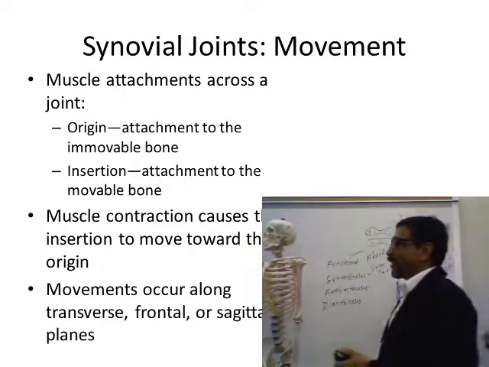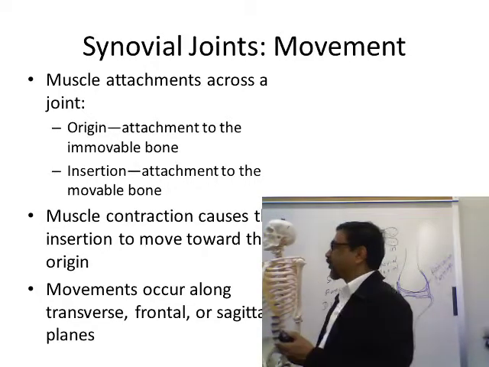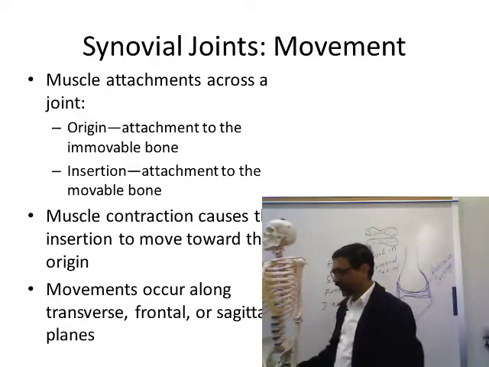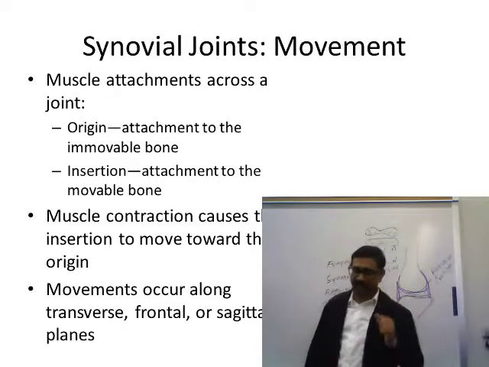The most common planes of movement are transverse, frontal and sagittal planes. Let me give you an example, you will understand. These are the common planes. Sagittal, you remember this is the sagittal suture or sagittal plane, you must remember this is the sagittal plane, right? So if I move my body in the same direction, that is the sagittal plane movement.